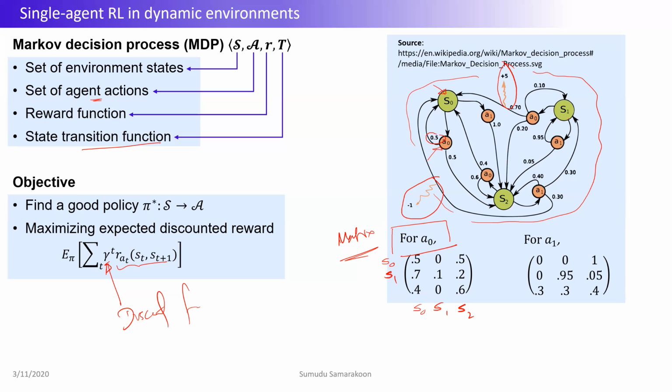Similarly, when the environment is in state 1 and the action is A0, with 70% probability it goes back to S0, 10% probability it stays in the same state, and the remaining 20% probability it goes to S2. Similarly, you can check for S2. Now, if you consider action A1, again, you can follow the same logic, and this matrix says what the state transition probabilities are.